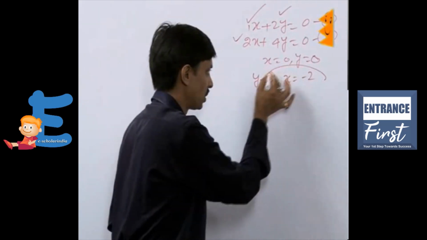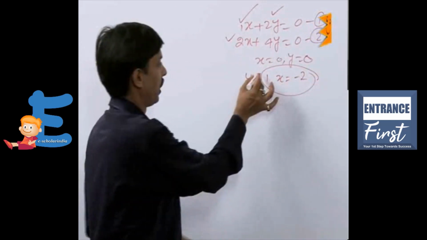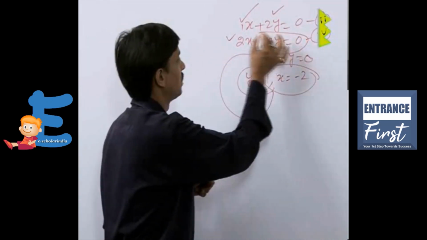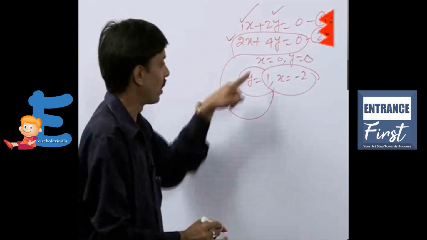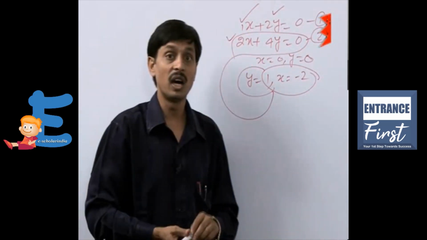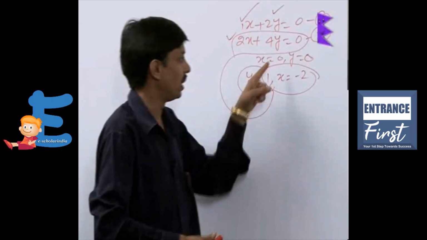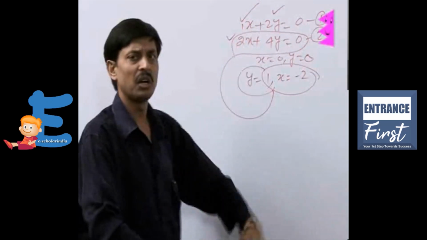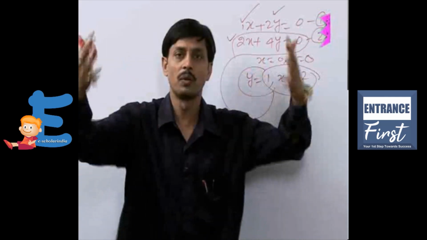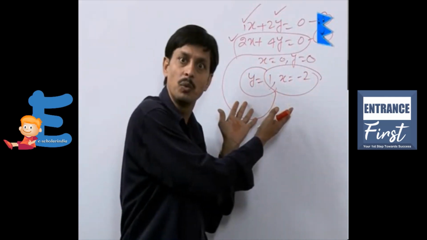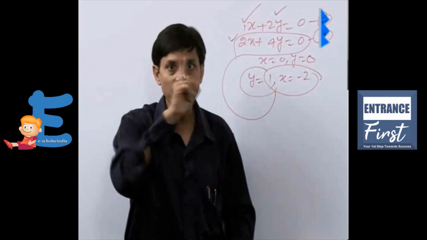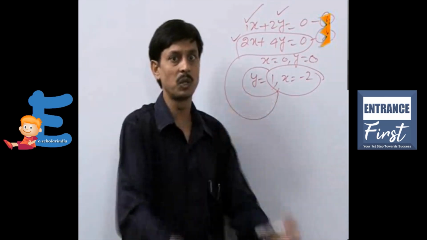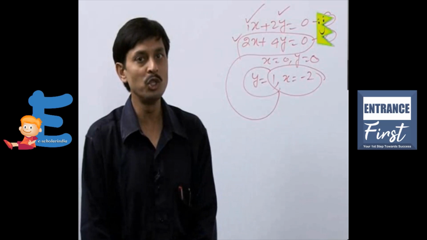This set of solution, x equal to minus 2 and y equal to 1, will definitely satisfy our second equation. So the conclusion is that 0, 0 is one solution, but various other sets of solutions are possible in this situation, but in the previous example it was not. So this kind of solution is known as the non-zero solution.